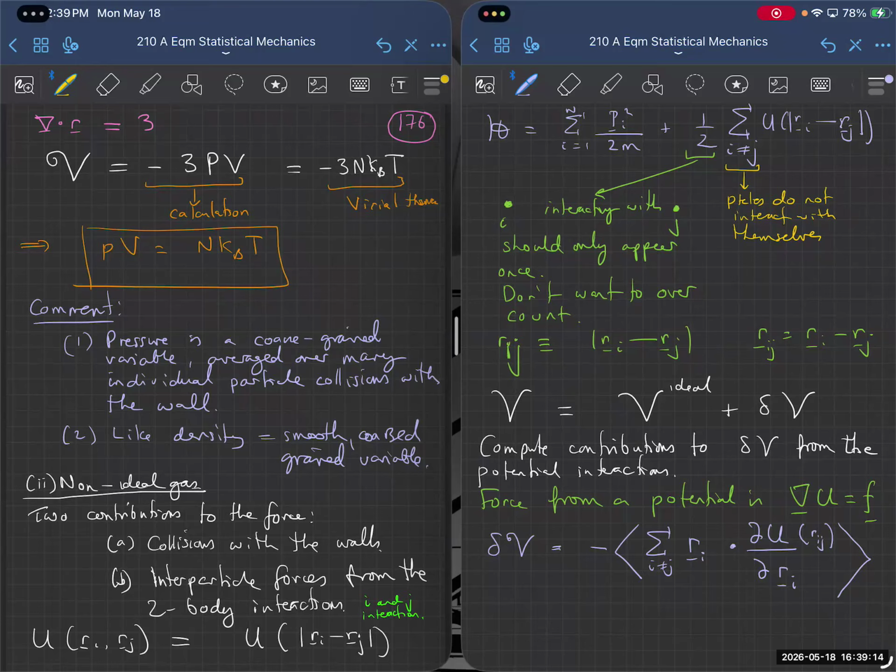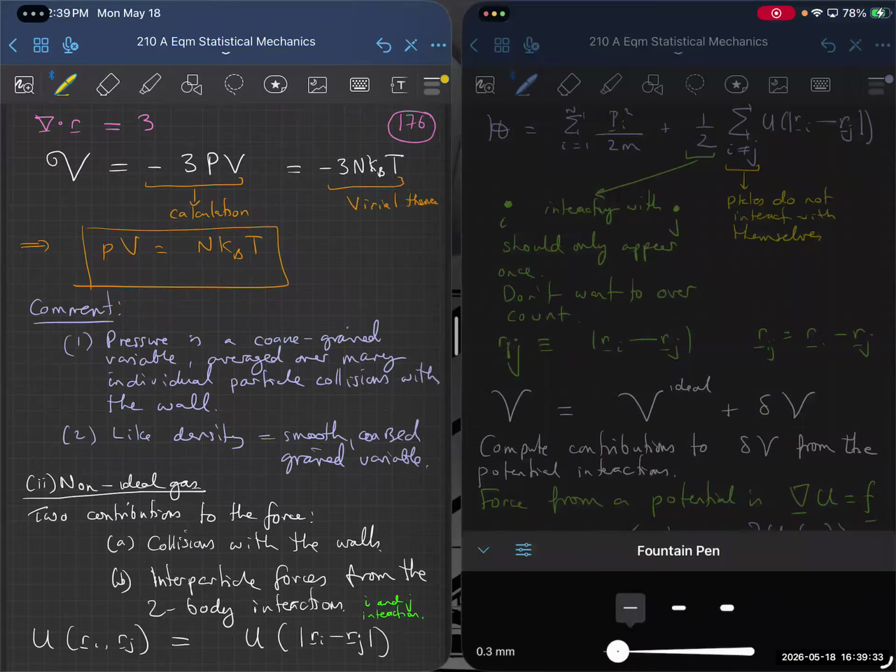We sum over particles i and j through this double sum over here. So that's the definition of what is the contribution to the interparticle forces from the two-body interactions in the virial. Okay, so that's the definition.